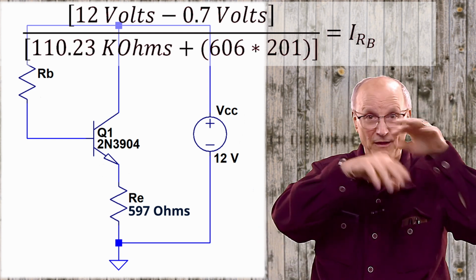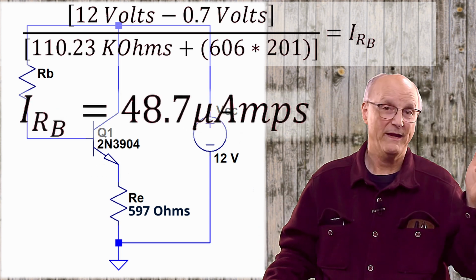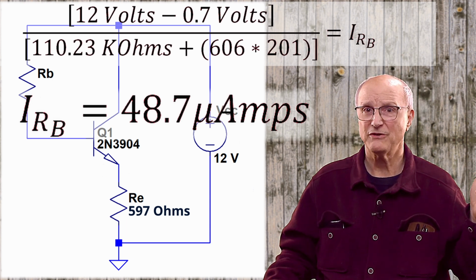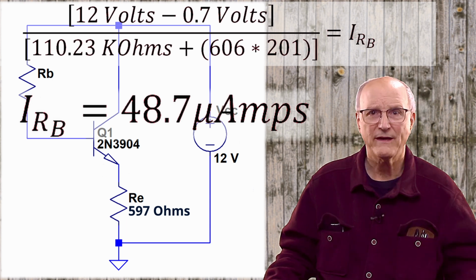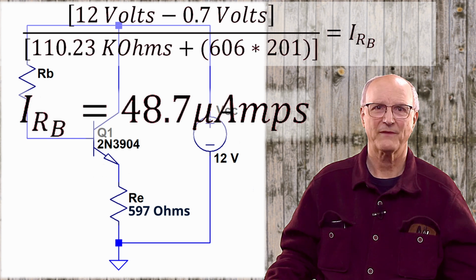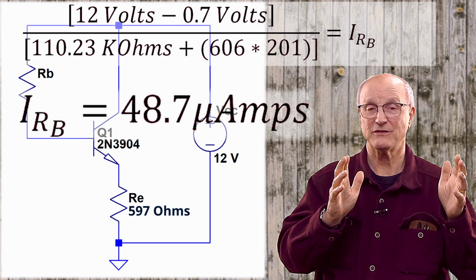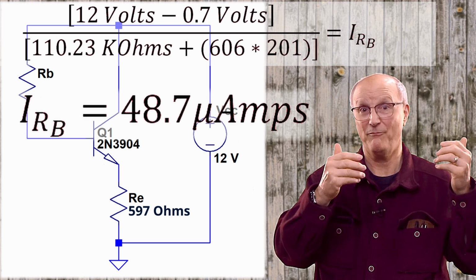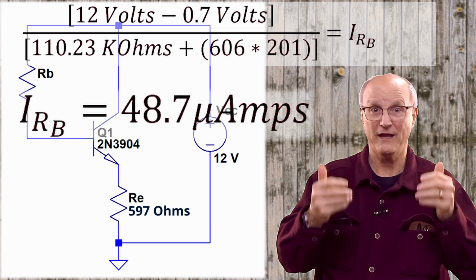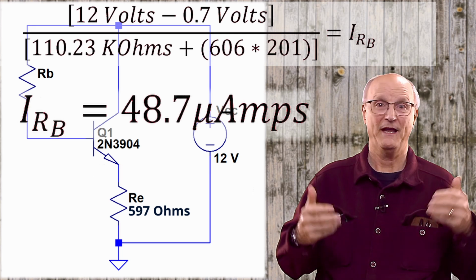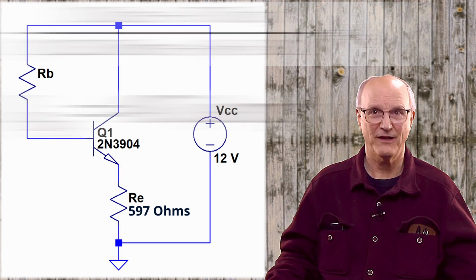Do the math, and what do we get? We get a current through the base resistor of 48.7 microamps. Now we know the current through the base resistor, which in this case is the base current, is 48.7 microamps, and we can turn our attention to the emitter.